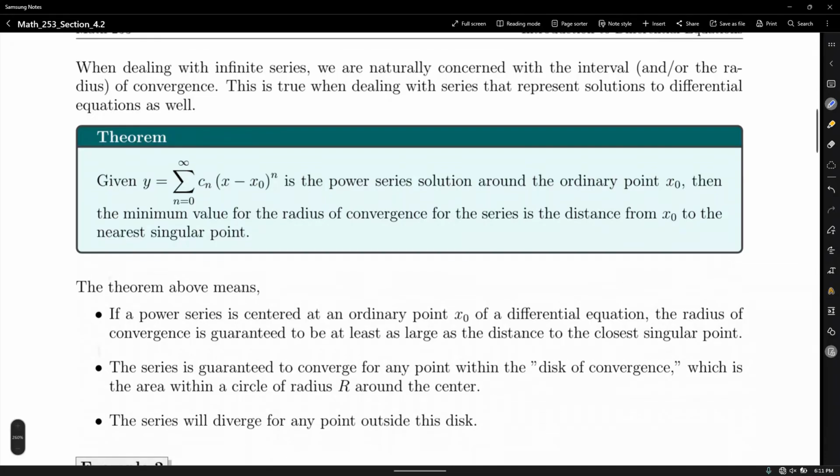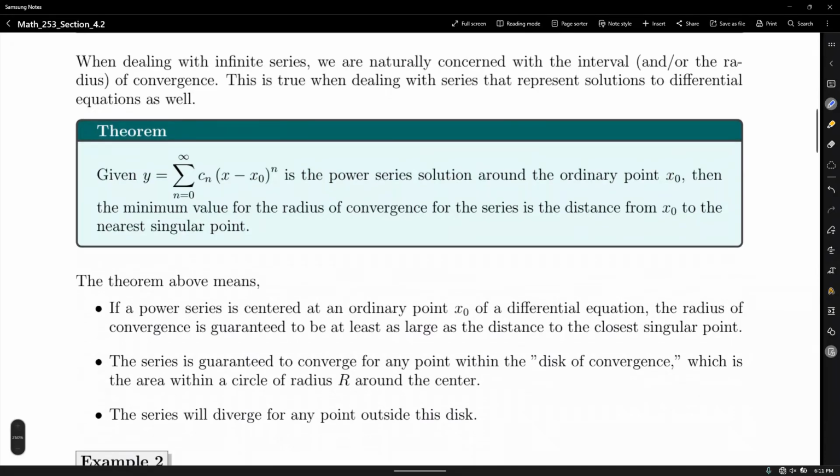Given some series, the sum from n equals 0 to infinity of c sub n times (x minus x naught) to the n, that is the power series solution to some differential equation around the ordinary point x naught, the minimum value for the radius of convergence for the series is actually the distance from x naught, that is the center of the series, to the nearest singular point.